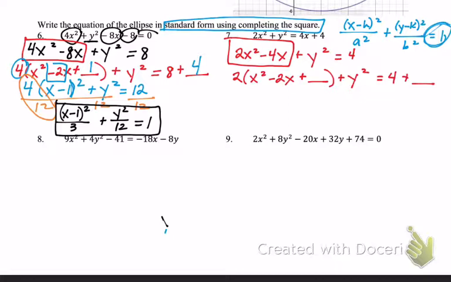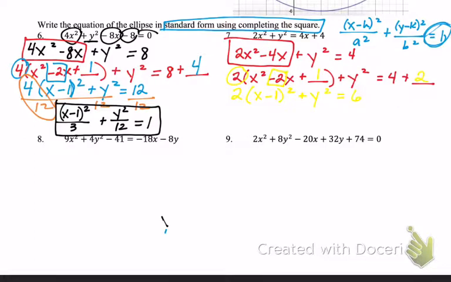Then I take my middle term and I half it. So -1. -1 squared is 1. And then 2 times 1 is 2. Then I factor: multiplies to get -2... multiplies to get +1. 2 times x minus 1 squared plus y squared equals 6.